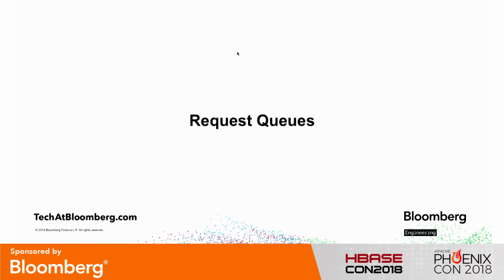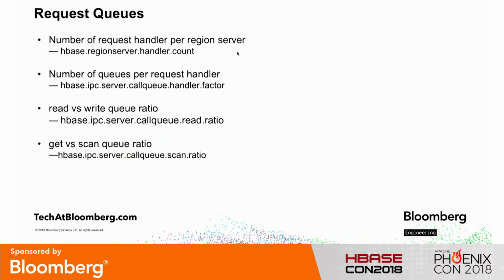If the workload is more reads than writes, then you can set more queues for the reads than the writes, and also you can set the number of queues for scans and gets, because scans are much larger, but you still want the gets to go forward. So you can set the quota on the scans and the gets. So these are all the properties you can set to define the request quota.